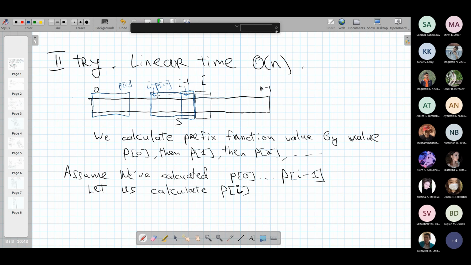Let us assume we found on the previous step that this string is equal to this string. So what can happen at the i-th position is that we just need to compare whether the symbol at P of i minus 1 plus 1 is equal to the symbol at i. If that happens, then this is going to be the largest answer.